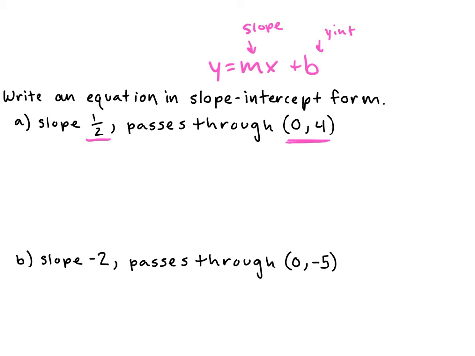It already has the y-intercept. So anytime we see 0 and a number, that's our y-intercept. So we just plug in. So y is equal to 1/2, because that's our slope, times x plus b. What's our b? 4.